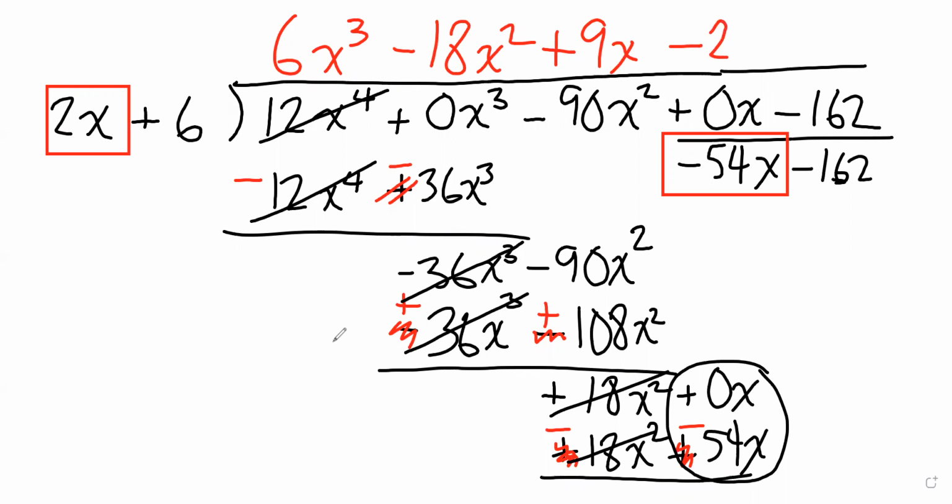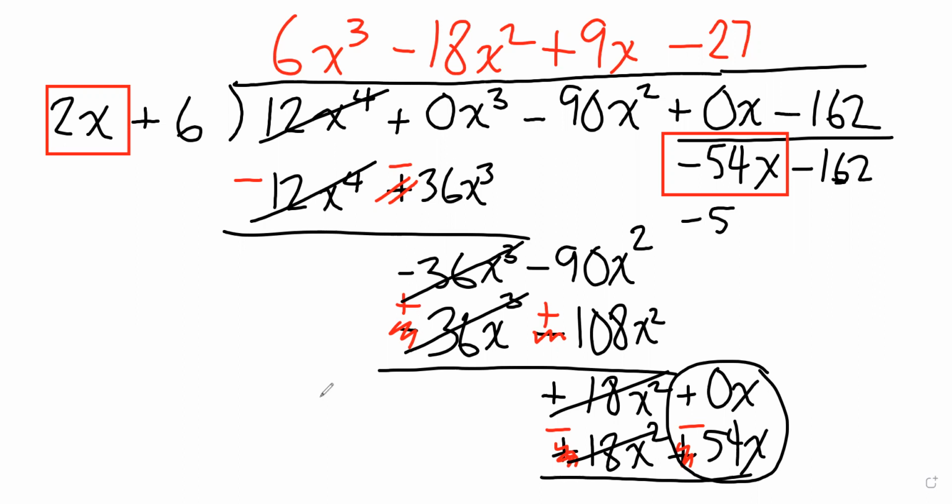You could find that by dividing 54 by 2. And it's got the correct number of x's. In other words, we've got a single x there and a single x there, so we don't have to fix the x's. Our last multiplier is negative 27. And if we multiply negative 27 times 2x, it is negative 54x, which we expected.